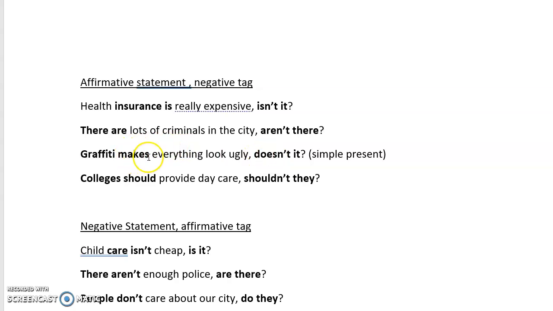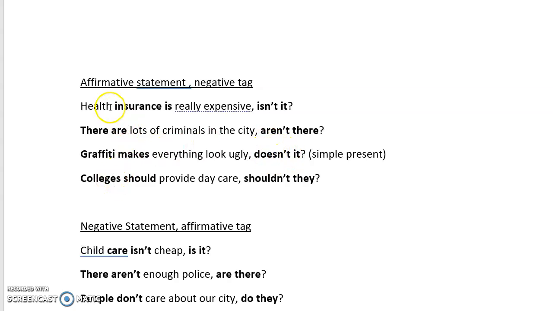Okay, so simple present, affirmative is going to require the negative simple present, doesn't. Okay, we use the pronoun it because we're talking about graffiti, which is a non-count noun again, so it's going to need a singular pronoun. So simple present verbs are going to use doesn't in the negative, the helping verb.